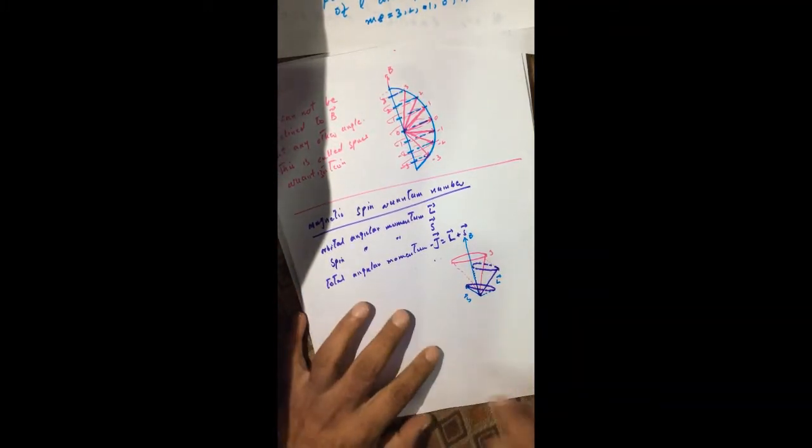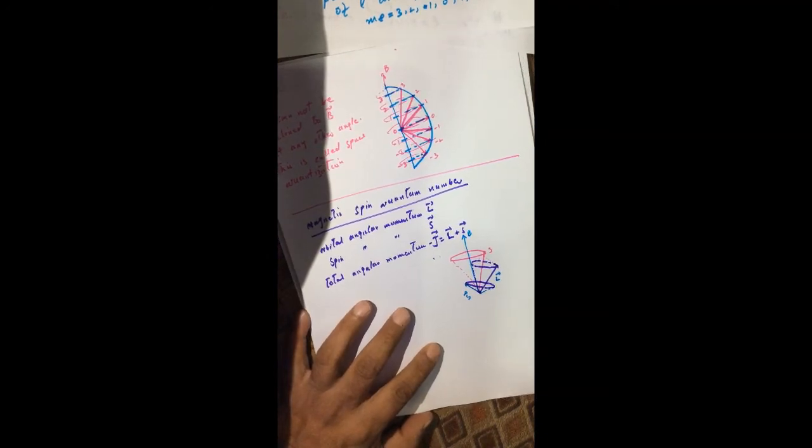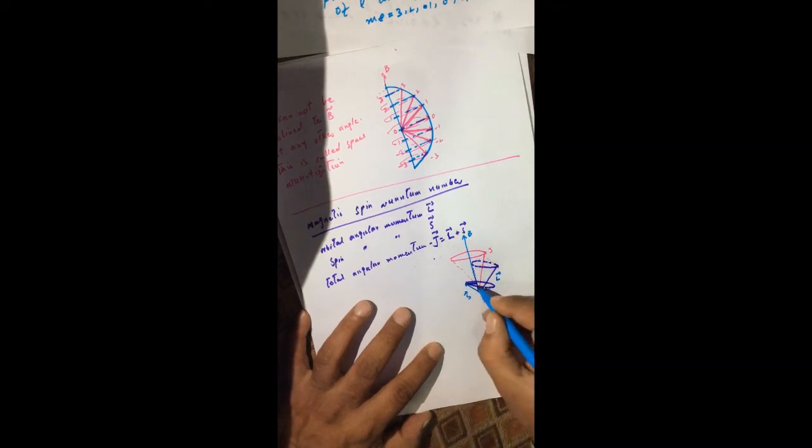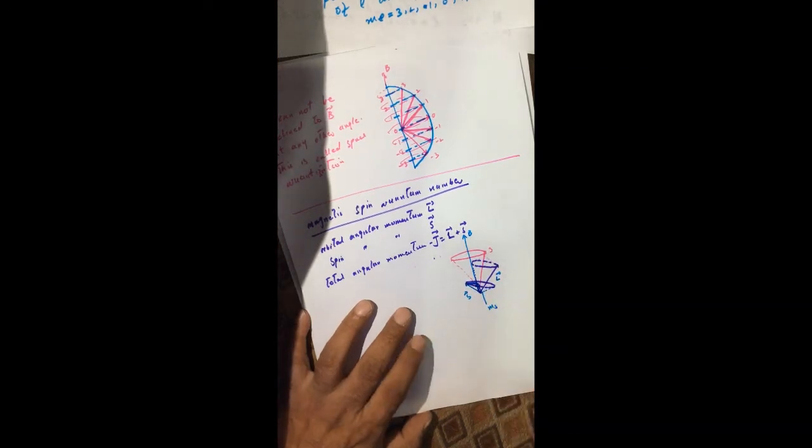Now if we take the projection of this spin angular momentum vector in the direction of the external magnetic field, suppose I take a projection here, and the projection is this one. Then this projection, which we represent by ms, is called the magnetic spin quantum number.